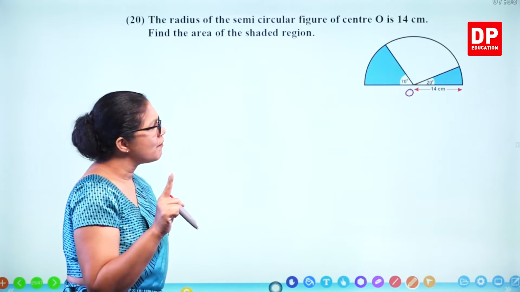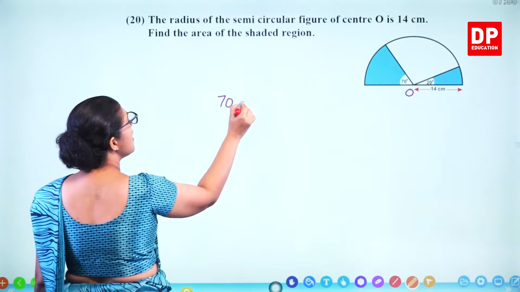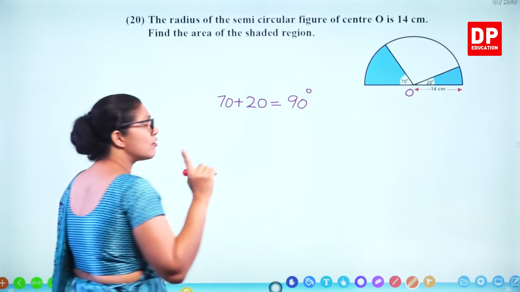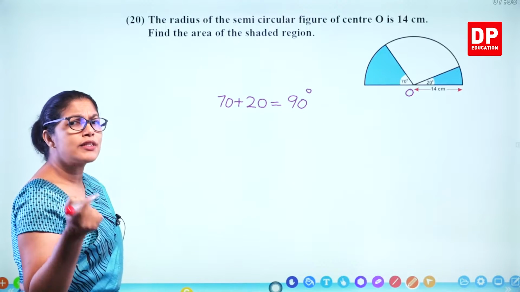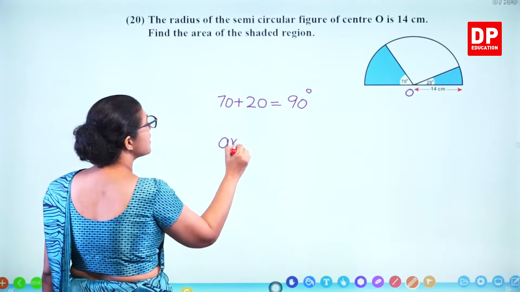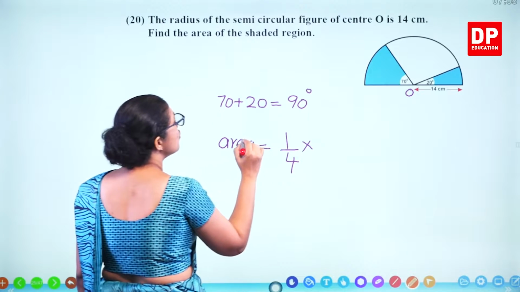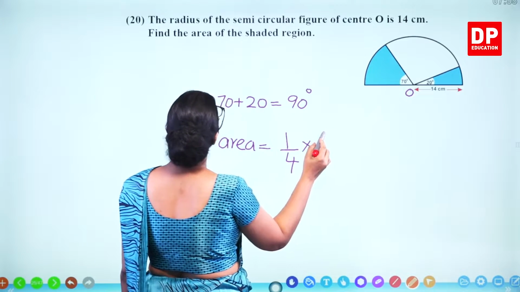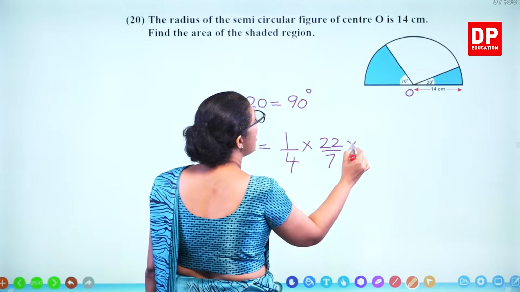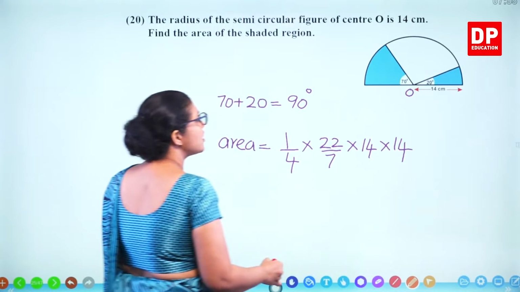So you need to first find out what's the angle there, 70 plus 20, that becomes 90 degrees. So 90 degrees means this is a quarter of a circle. What's the area of a quarter of a circle? 1/4 into pi r squared. Pi we can take 22 over 7. R is 14. So 14 squared.